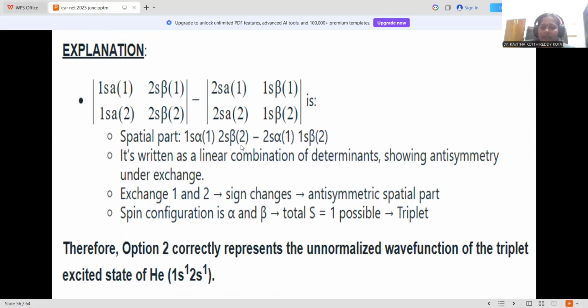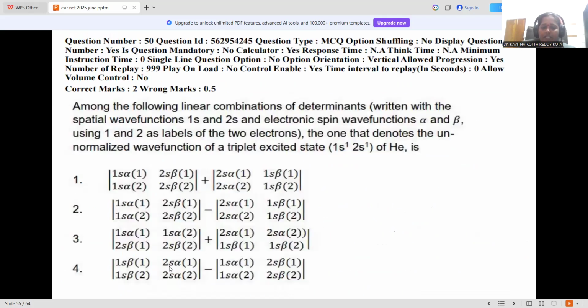It is written as a linear combination of determinants showing antisymmetry under exchange. On exchange of 1 and 2, the sign changes. An antisymmetric spatial part is possible when it is a triplet. So option 2 is the correct representation that is provided like this.